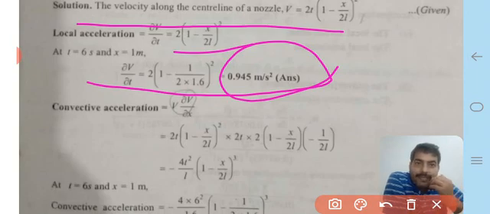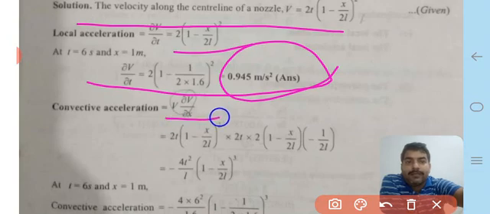And now we calculate the convective acceleration, that is v del v upon del x.